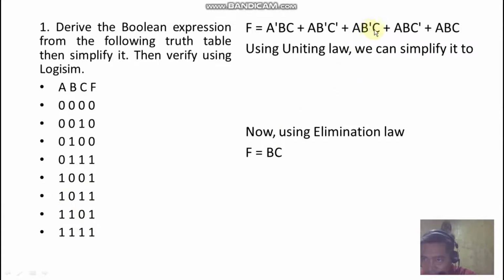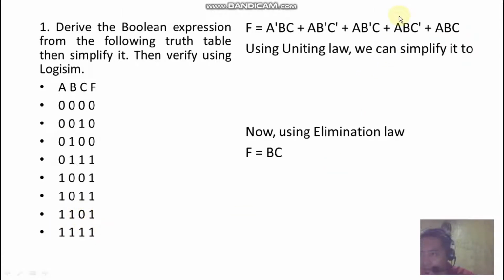Then, apply na rin natin sa susunod doon. A, B prime, C. Tama? 1, 0, 1. So, 1 and 0, prime natin, 1. So, 1. Then, 1 na to. 1 na rin to. So, 1 na to. Kaya, 1 yan. Dalawa na lang. A, B, C prime.